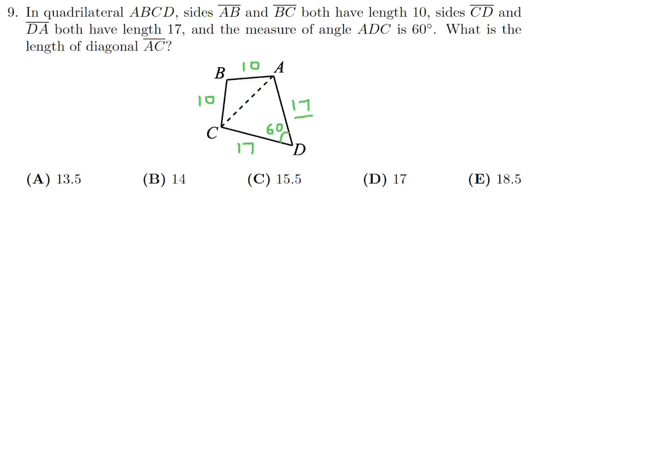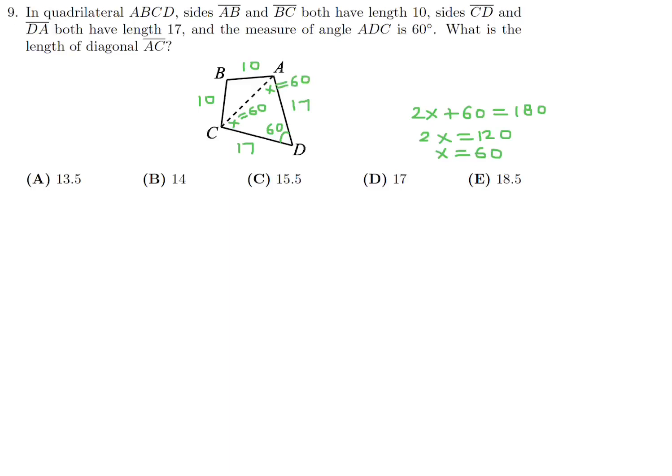Well, this is 17, that's 17, so that's an isosceles triangle, so therefore this and this will be the same angle. And therefore 2x plus 60, the sum of the angles of that triangle, as always, is equal to 180. So if we solve for x, we get 120 is equal to 2x, and therefore x is 60. So this is an isosceles triangle, but it's also an equilateral triangle.